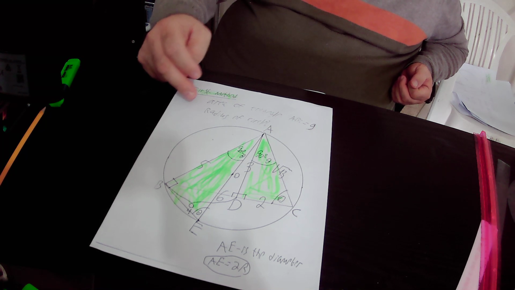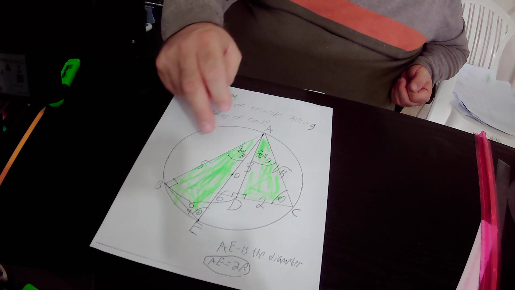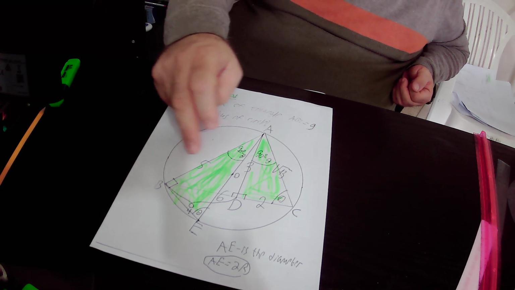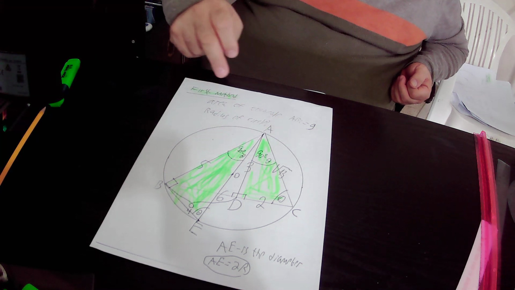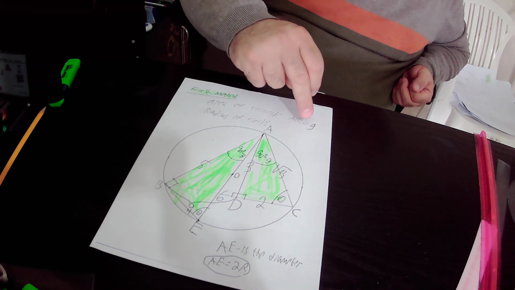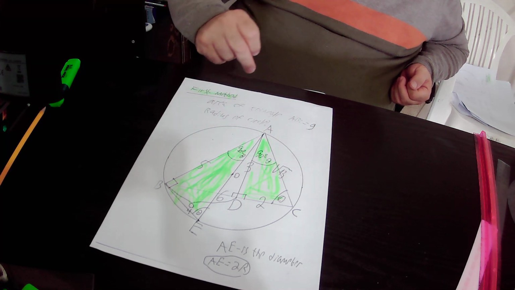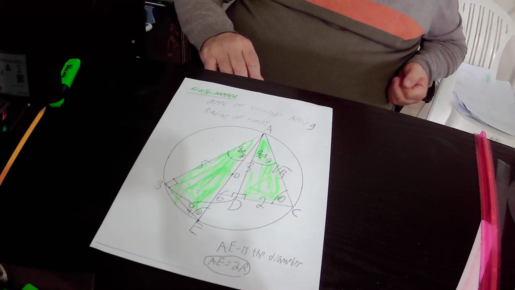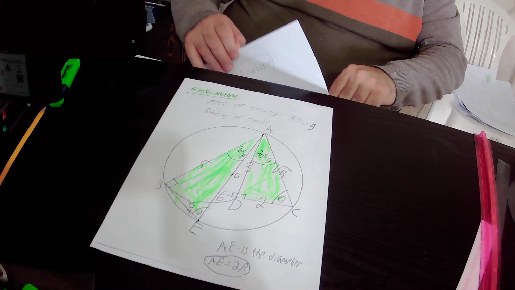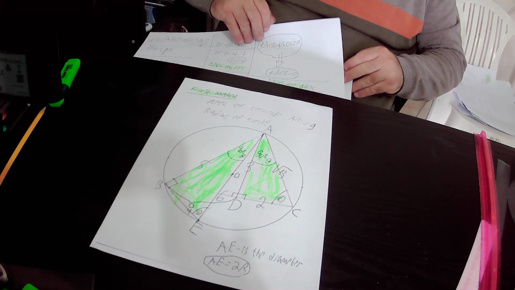We also know that side AB of triangle ABC is 5 units, side BC is 6 units. And we want to find out the radius of the circle that encloses triangle ABC. Okay? So first of all, we made the construction.